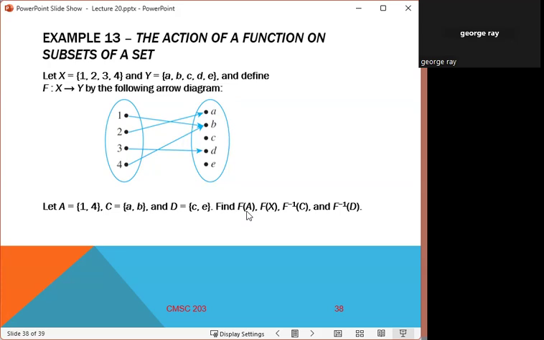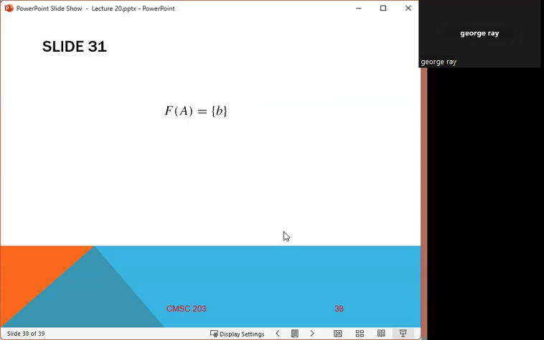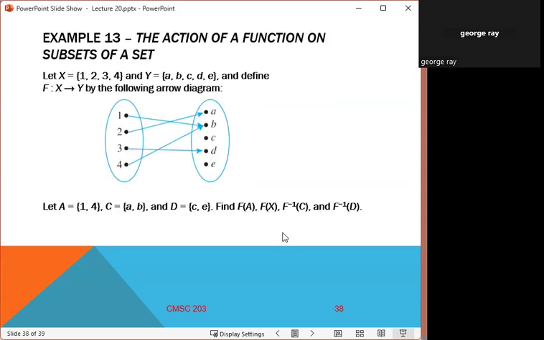We want to find f of A, f of X, the inverse image of C, and the inverse image of D. So f of A is equal to B.